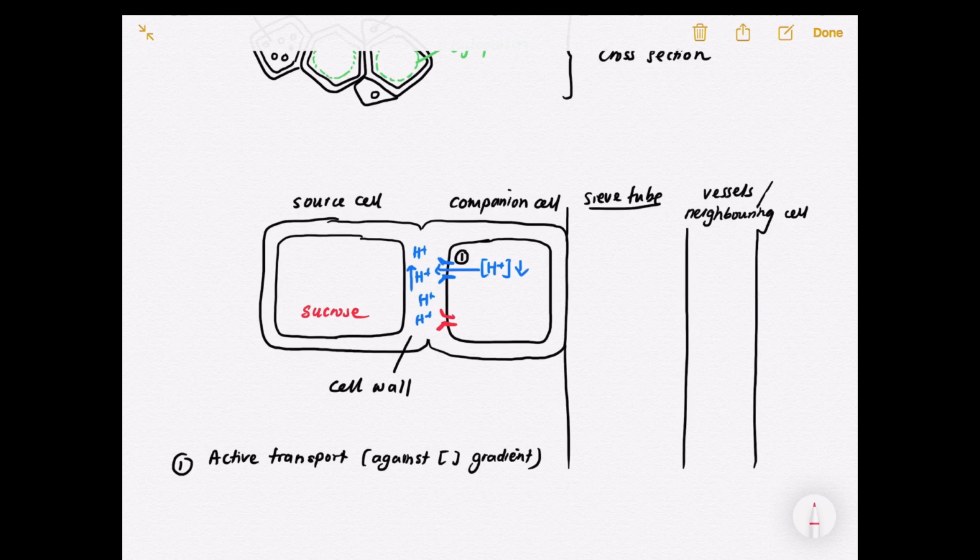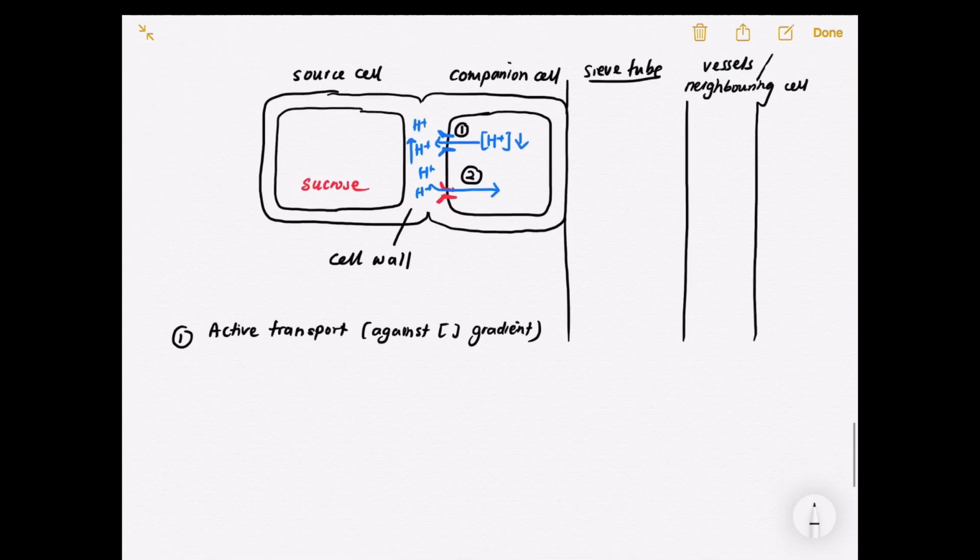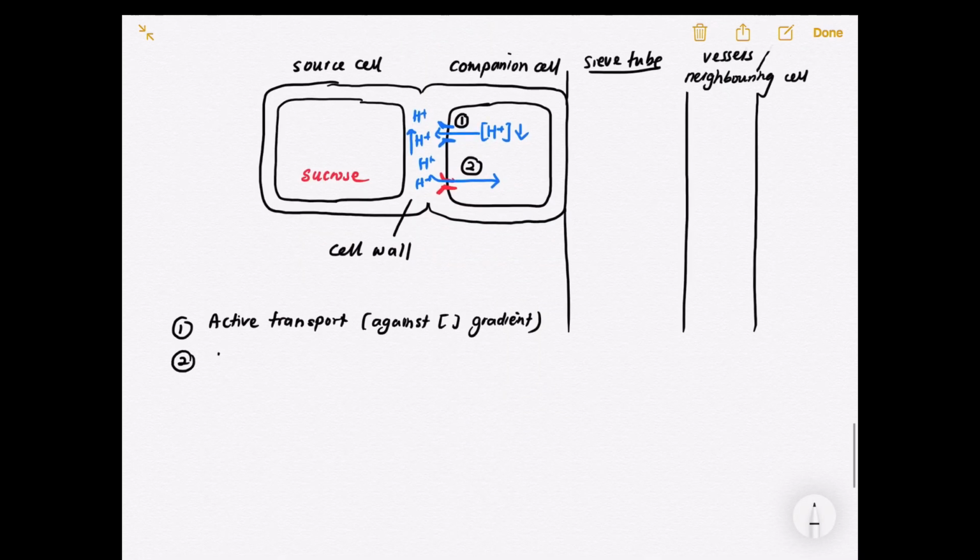It's actually a facilitated diffusion because your H+ is going to diffuse down the concentration gradient back into the companion cell. So this is step 2, where it's a facilitated diffusion. And this is down the concentration gradient.